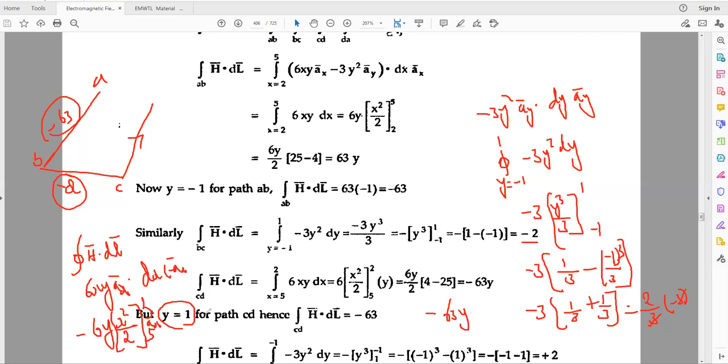So at y is equal to 1, for the path CD, the integral of H bar dot dl bar is equal to minus 63.